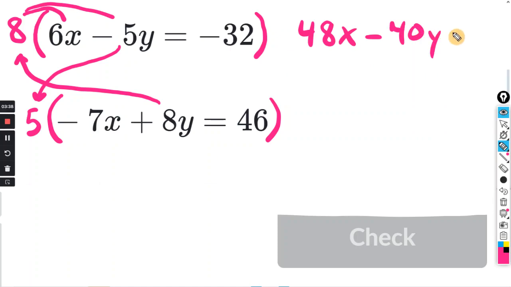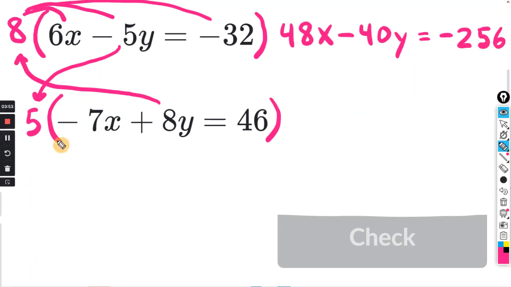Keep the equal sign. And 8 times negative 32 is negative 256.